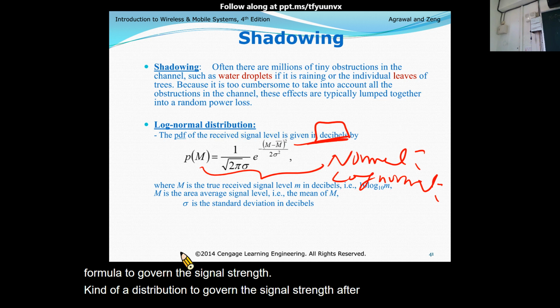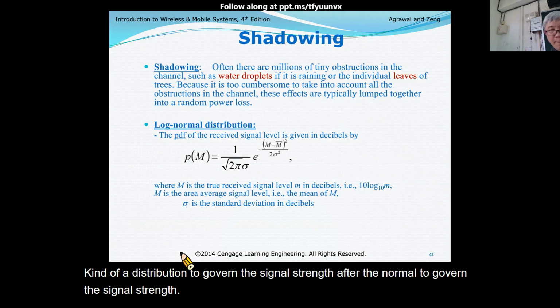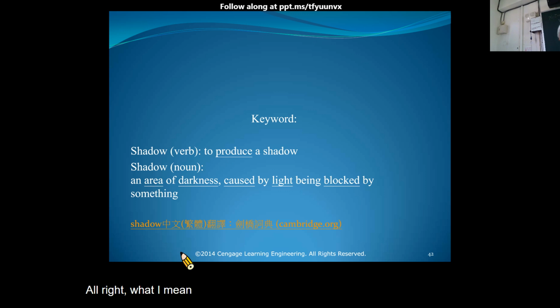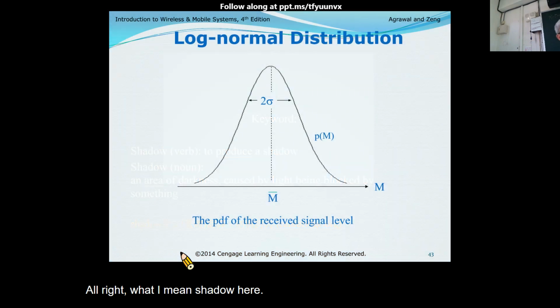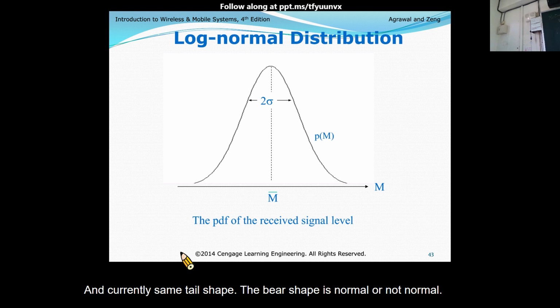What do I mean by shadow here? The current bell shape, is it normal or log normal?